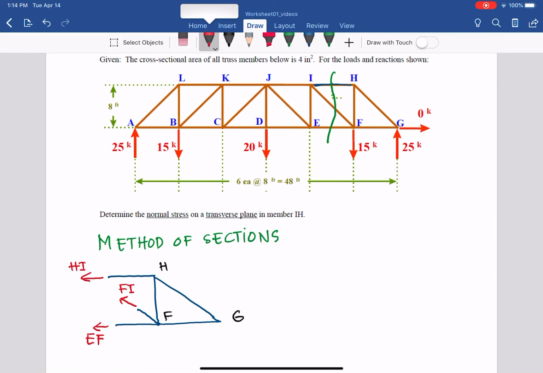For the dimensions, we have 8 feet, and that is 6 feet there, 6 feet, and 8 feet, so also 8 feet. Basically, the slope here is 1 to 1, so 8 by 8, or 8 square root of 2.